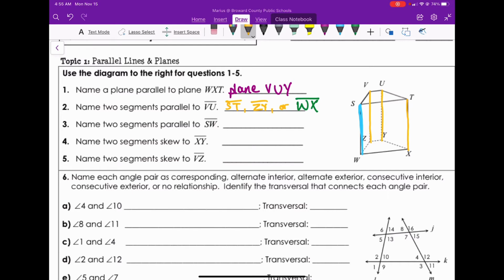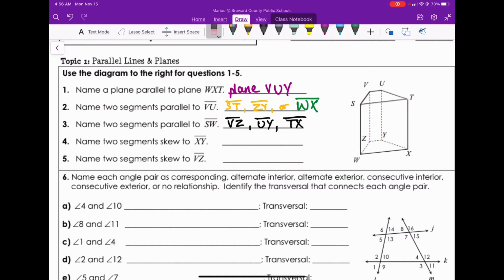So we have 3 other ones, and it only says name 2, but we'll go ahead and name all 3. So VZ, UY, and TX. Okay, all 3 of those segments are parallel to SW.